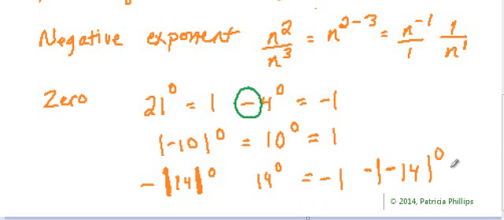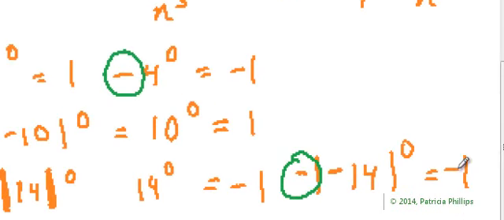You raise that 14 to the power of 0 and you get your 1. Then you take the negative sign that you haven't dealt with, and your final answer is negative 1.